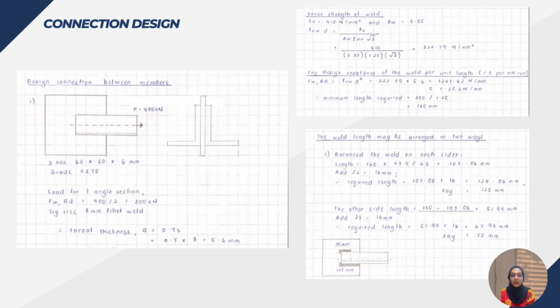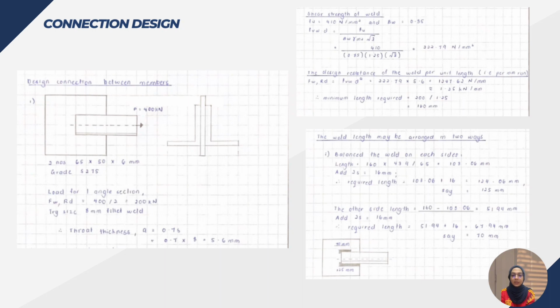The throat thickness is equal to 5.6 mm. For the shear strength of weld, the value is 222.75 Newton per millimeter square. The minimum length required is equal to 160 mm.